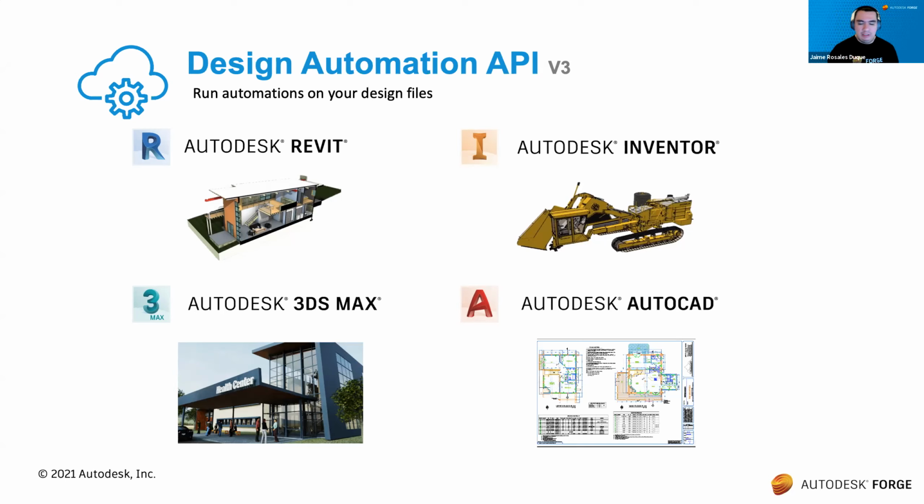But with design automation, we do have the opportunity to avoid all those things. From a simple web page that we can create, or just some kind of automated batch processing mode that we want to launch, we can send, let's say, this folder that contains all the DWGs. We send it up to the server that is hosted on the cloud.